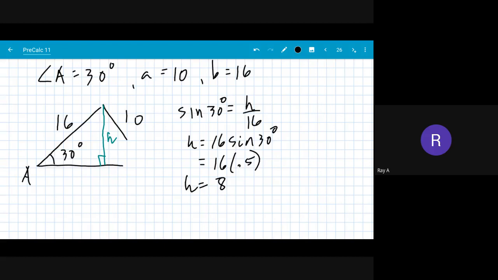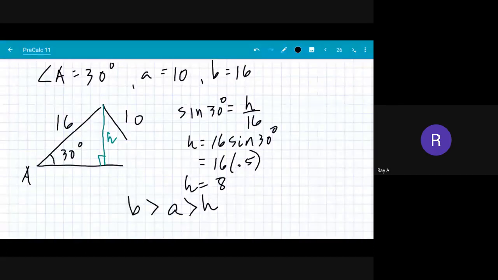Now, if it is smaller than 10 and A is smaller than B, meaning side A, which is 10, is greater than H, but at the same time, less than B, there are two triangles possible, which is what you saw in the earlier picture right at the beginning.